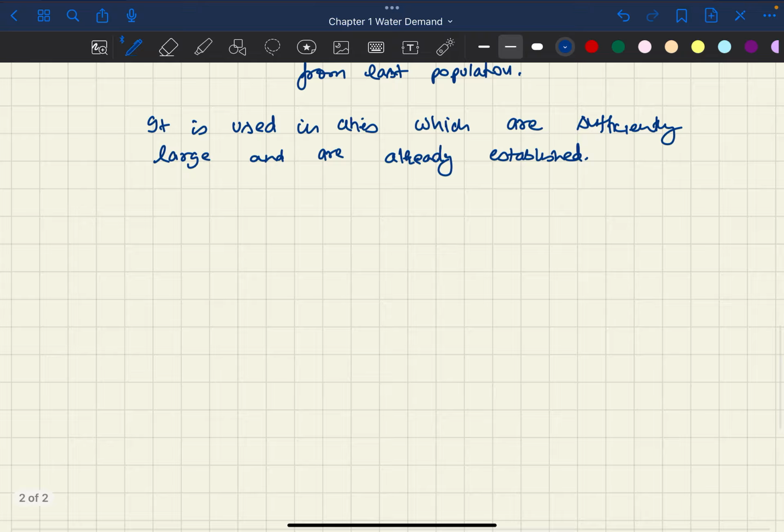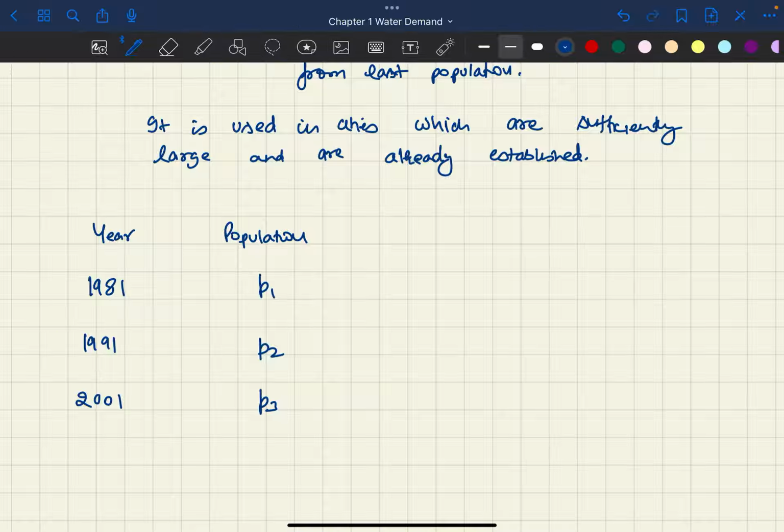So, like year, population, say in 1981 we have population P1, 1991 we have population P2, 2001 we have population P3. So we have to calculate population in 2011. So how we will do it? We will calculate increase in population.